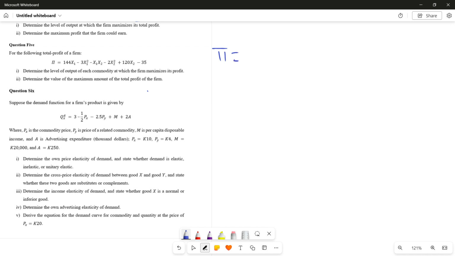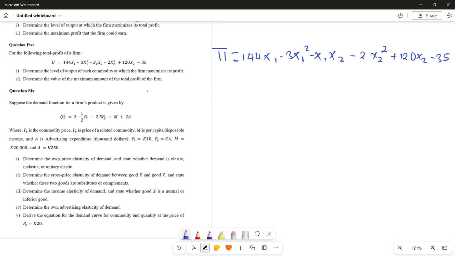So the function is profit equals 144 x1 minus 3x1 squared minus x1 x2 minus 2x2 squared plus 120 x2 minus 35.